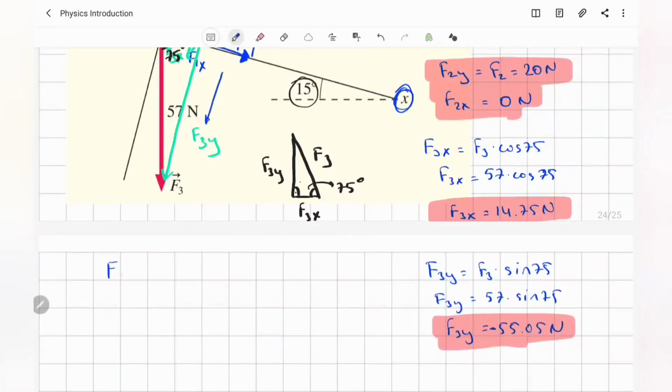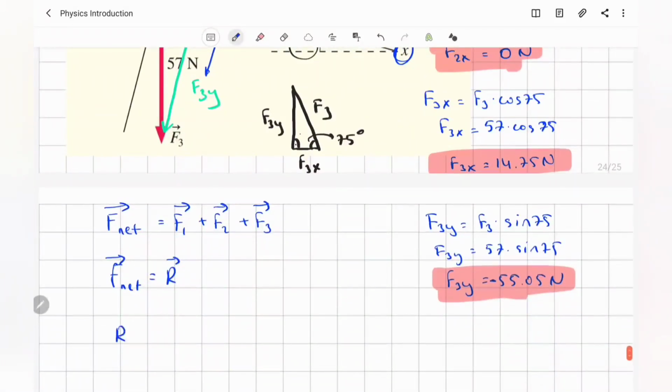Now the question was to find the resultant force, the net force. So basically F net is F1 plus F2 plus F3. We decided to solve using the component method. Let me write the resultant force as R, just one symbol. The x component of the resultant force equals F1x plus F2x plus F3x.